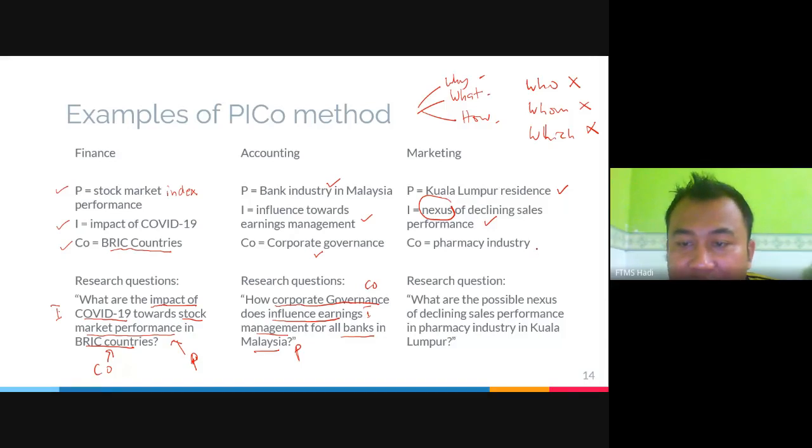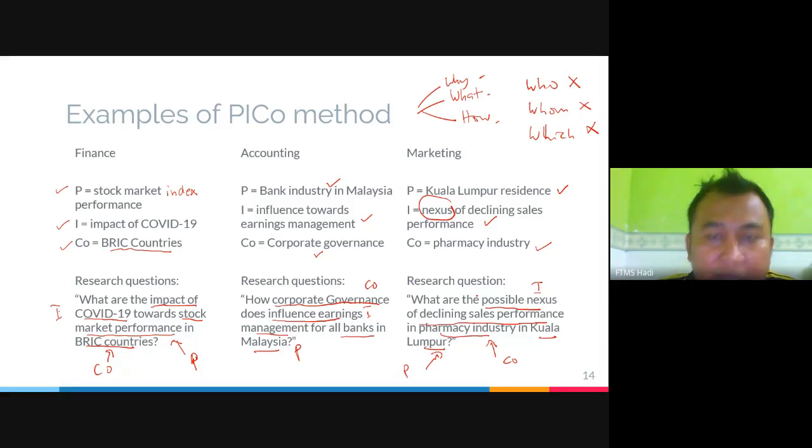And the context is the pharmacy industry because there are a lot of industries, and probably they want to focus on the pharmacy industry. So the research question will be, what are the possible nexus of declining sales performance? The pharmacy industry is the context, Kuala Lumpur is the population. So that is how you do a PICO method.